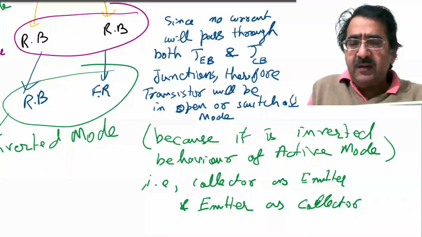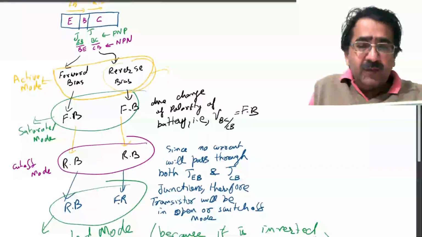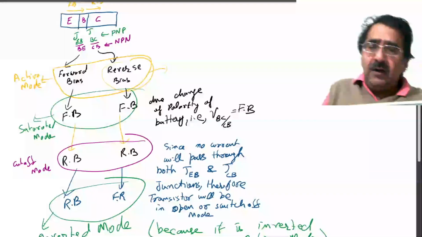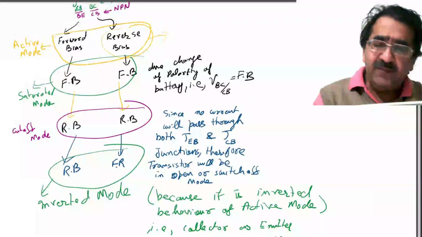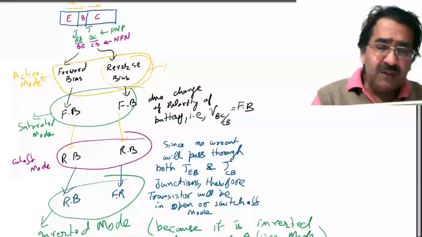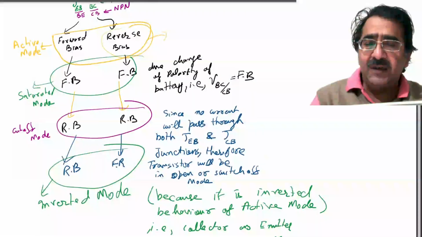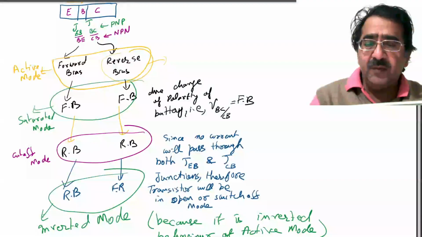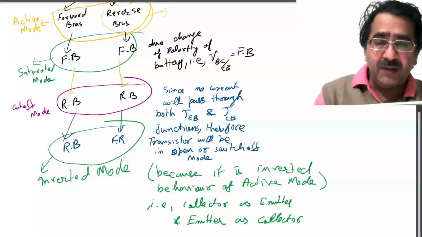But as we know, it depends upon the doping and the width, because usually the width of the collector is larger than the emitter. So the effect is not exactly an inverted form, but the process will be inverted. The collector behaves like an emitter and the emitter behaves like a collector. That's why this will be defined as inverted mode.